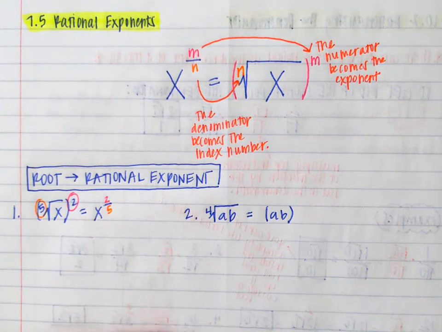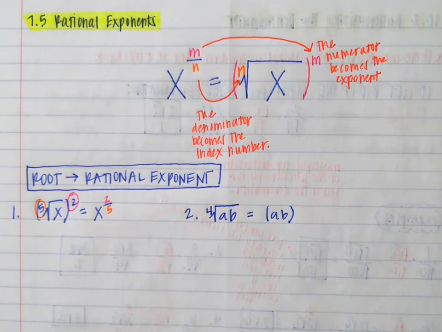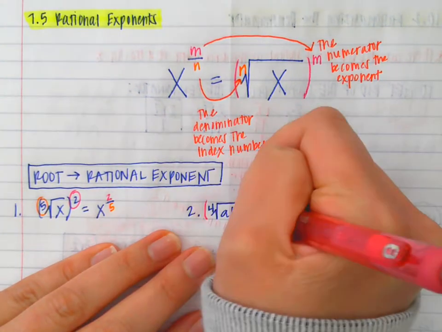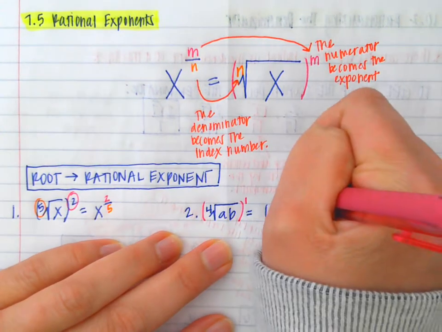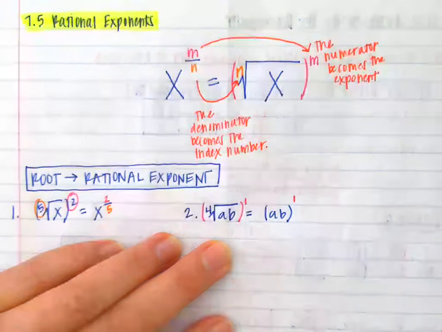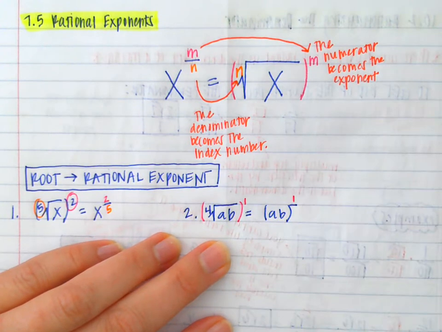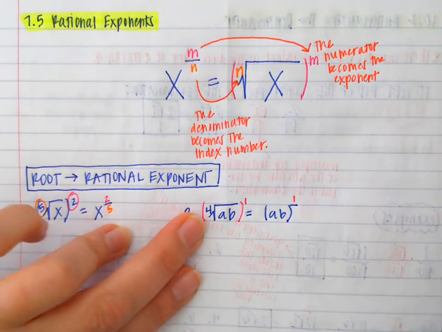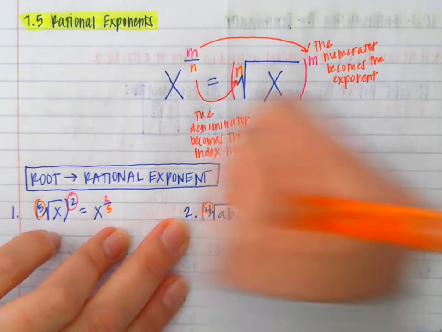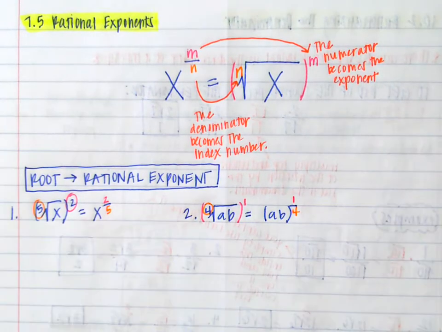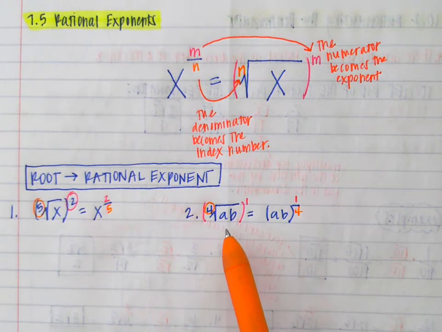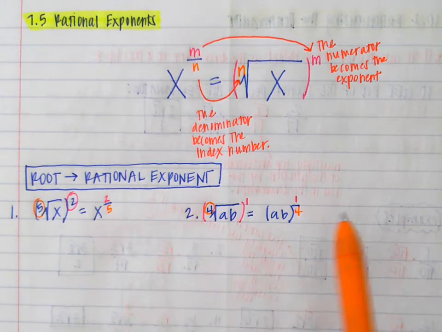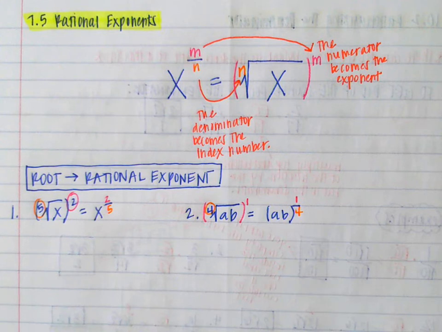Then, what's on top? What is the exponent? When there is no exponent, what exponent can you always assume is there? That's 1. So the number on top is 1 divided by the denominator, the index number. The index number is 4, so 4 is going to be my denominator. So we can write the fourth root of AB as AB to the 1/4 power.